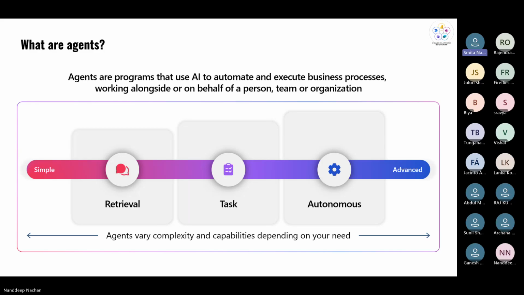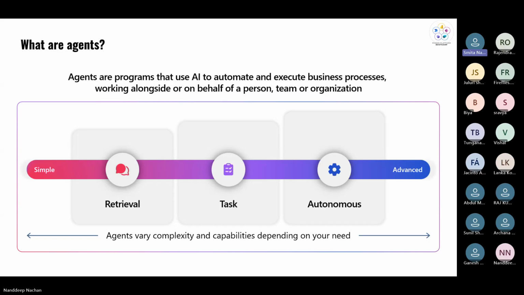At the advanced end, autonomous agents can reason, make decisions, and carry out multi-step processes with minimal human involvement. The key idea is that agents are flexible. You can start small with simple information retrieval and gradually evolve towards more advanced autonomous capabilities as your use case and confidence grow.